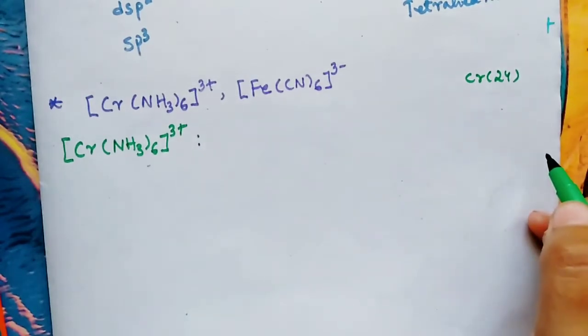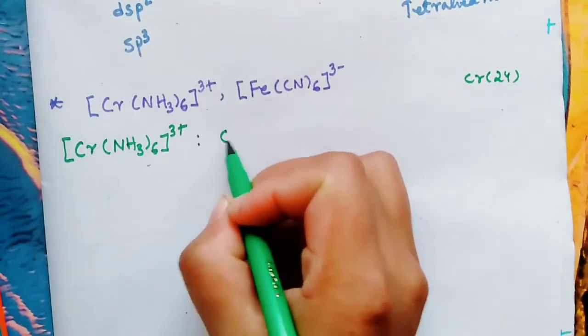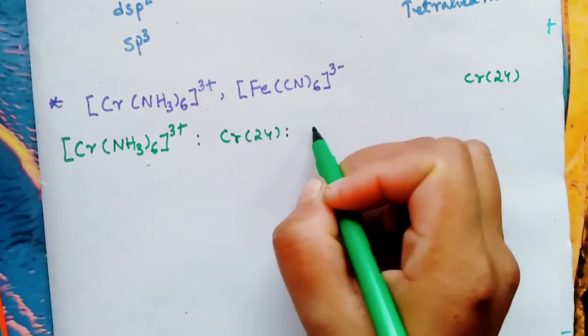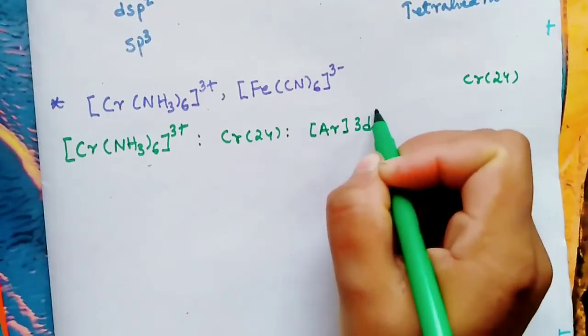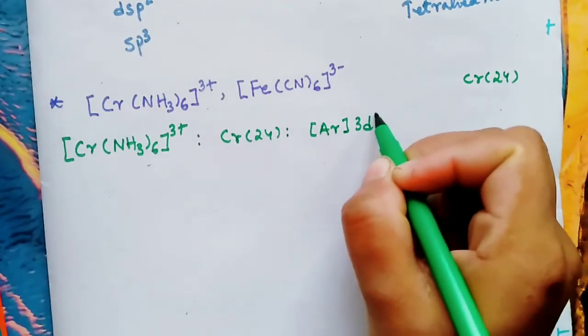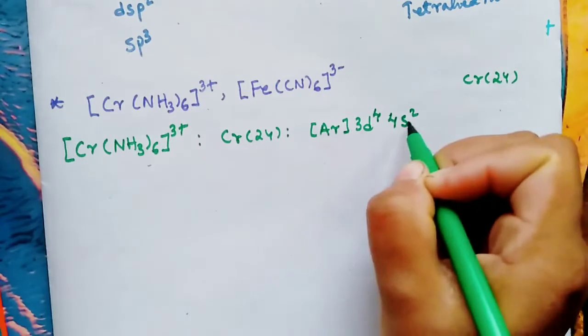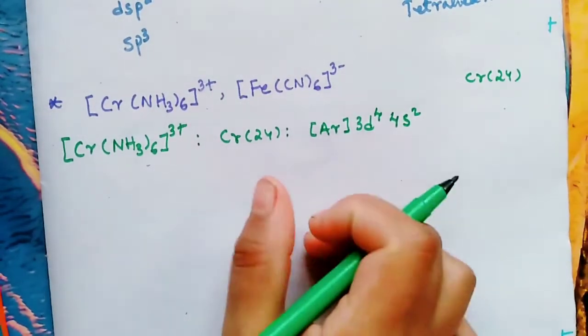So what is the valence shell electronic configuration? Chromium 24 is argon 3d4 4s2, that is 18, 20, 24. Okay, so this is the valence shell electronic configuration.